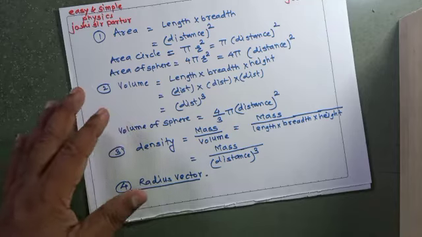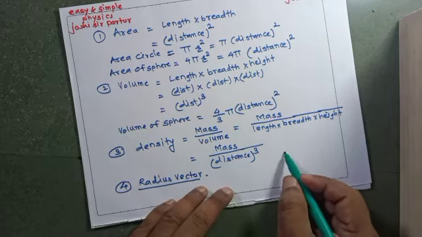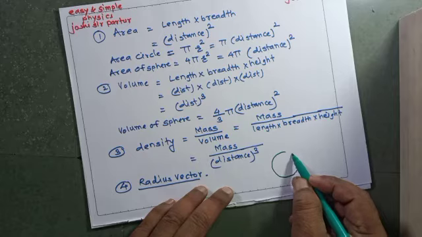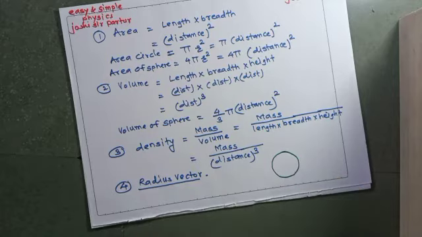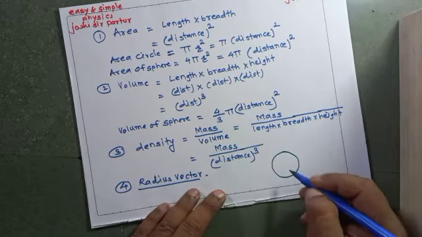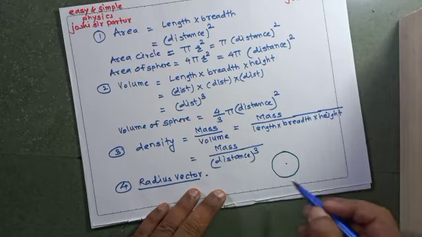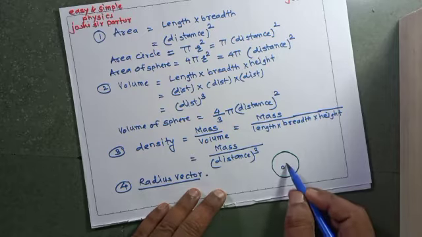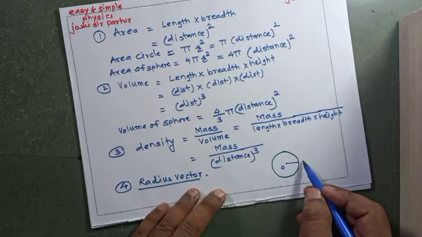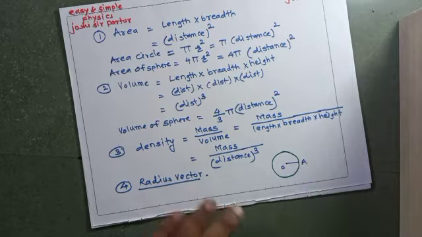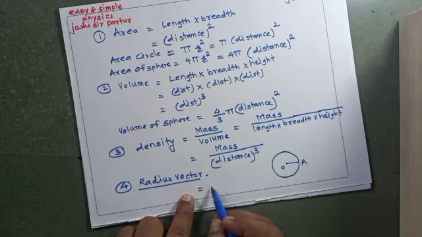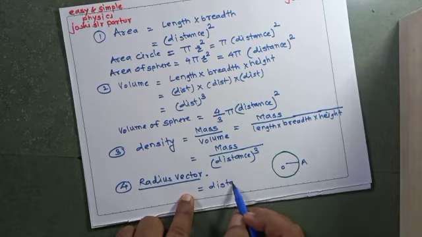Suppose this is a circle and its center is O. The distance from the center of the circle to the position of the particle on the circle, that is OA, is called the radius vector.